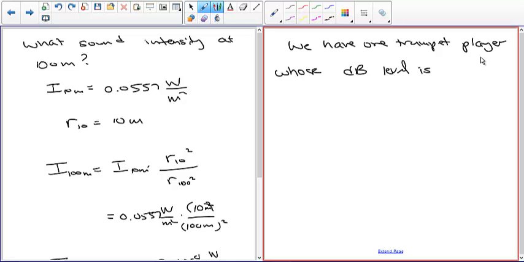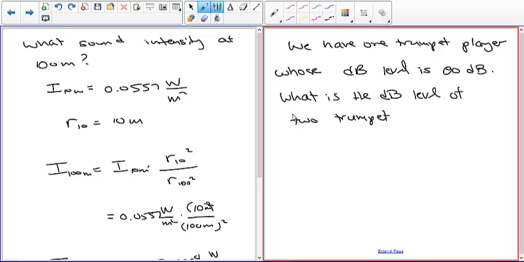There's a trumpet player playing something, I'm a certain distance away, and I'm perceiving, let's say, 80 decibels. What is the decibel level of two trumpet players sitting next to each other?